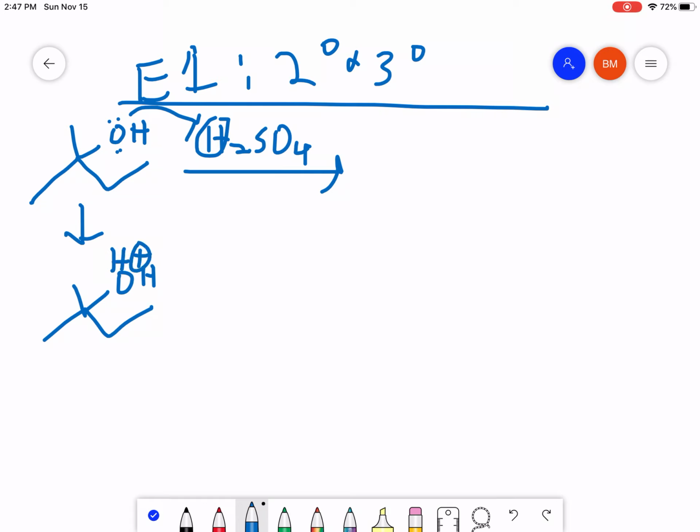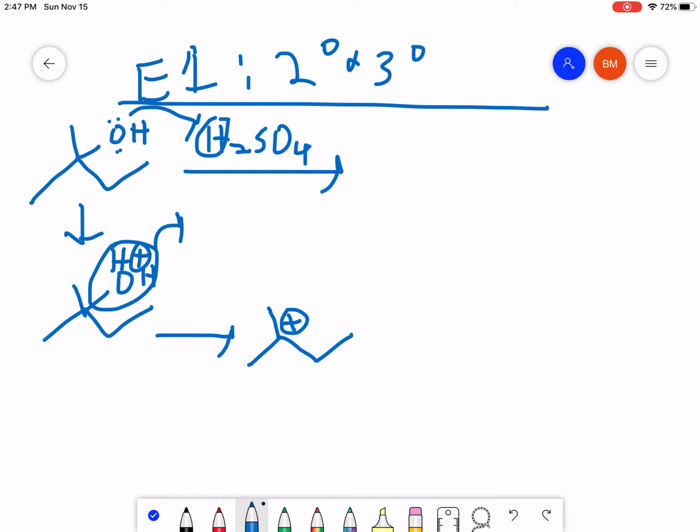Now, the difference between the E1 mechanism and the E2 mechanism here is that, just like with alkyl halides, in the first order mechanism, we form a carbocation. So your leaving group here is going to leave before your base comes in and takes your beta hydrogen. So it's going to form a C+.